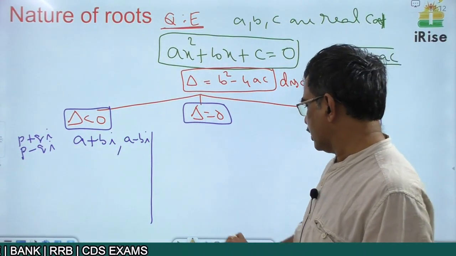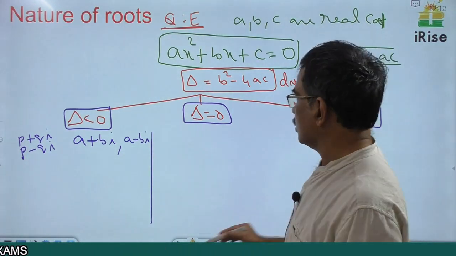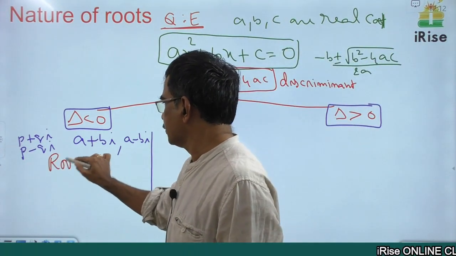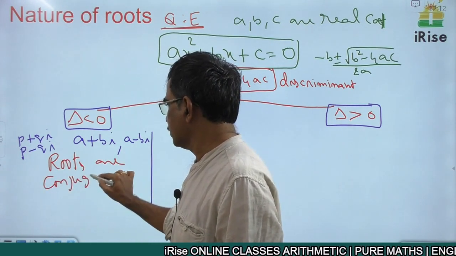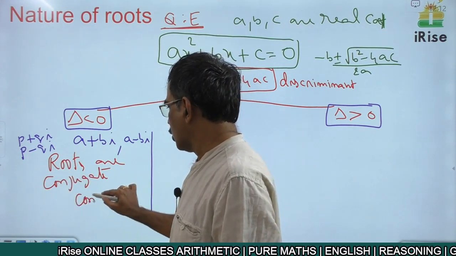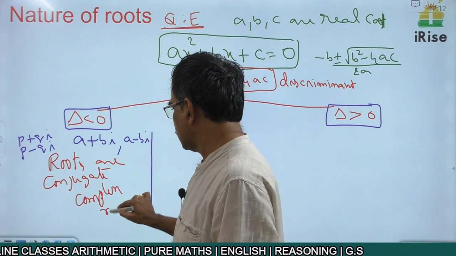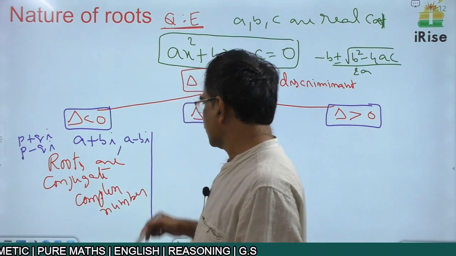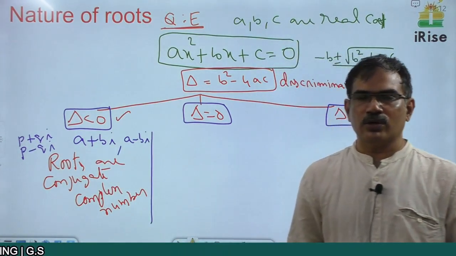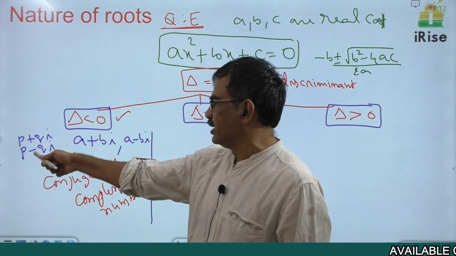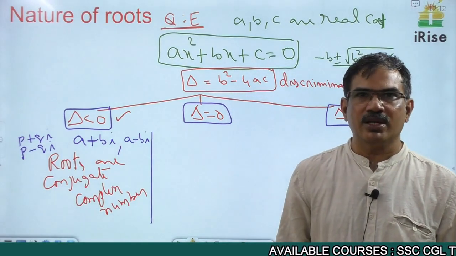So we say that the roots are conjugate complex numbers. If delta is less than 0, then one root is in the form of p plus qi, the second root is in the form of p minus qi.